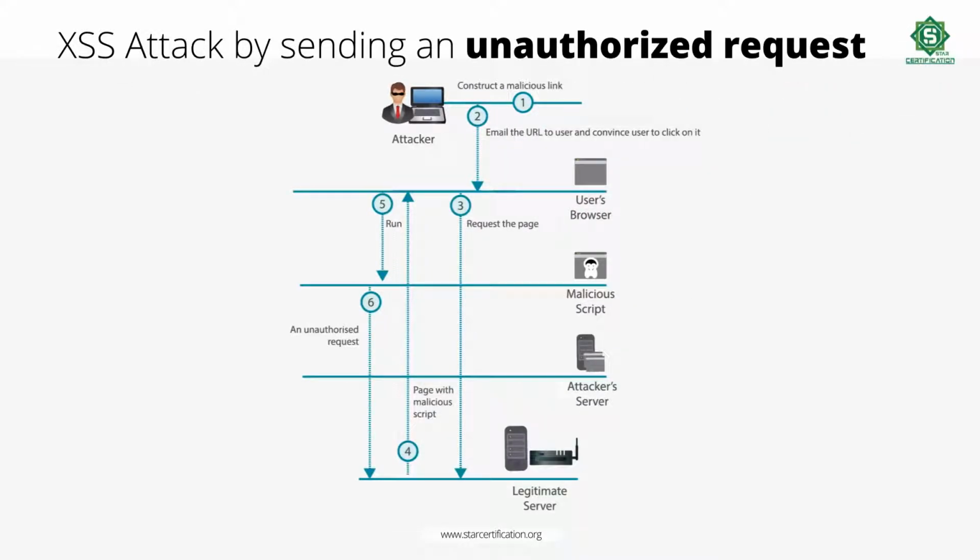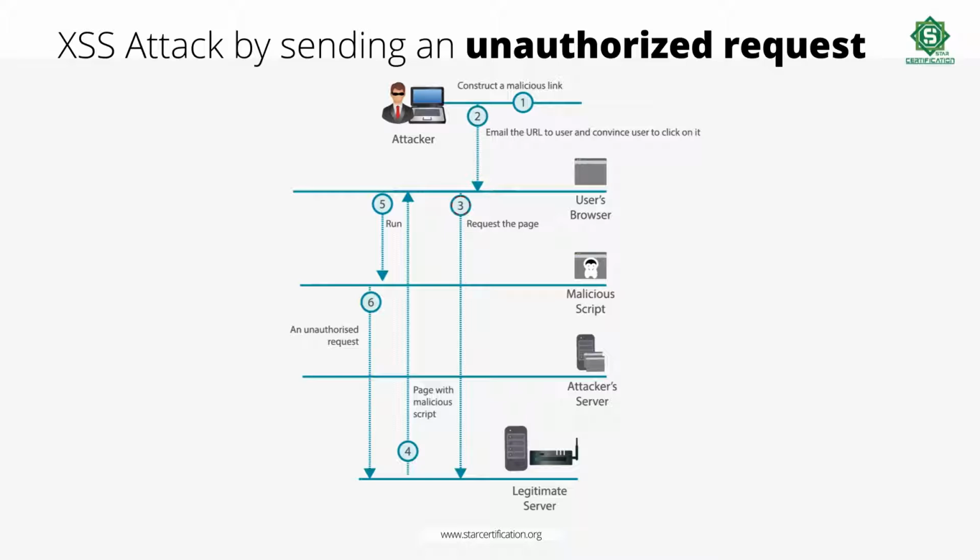An unauthorized request is one which does not hold any validity over the user's data. The image here shows an access performed using unauthorized requests. The attacker creates a malicious link on the website. The URL of the link is sent to the victim through email. This email convinces the user to click on the link by luring them with great deals and offers.